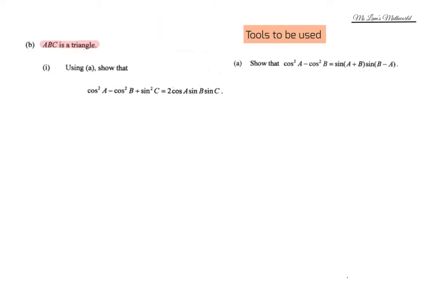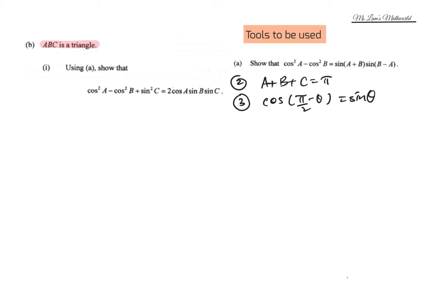Let's revise. To summarize, first we have to substitute the result of part A. Secondly, we know that A plus B plus C equals to pi. And then we may probably need to use the sine or cosine of, for instance, I just write down cosine, pi over 2 minus theta equals to sine theta, or in a reverse way.